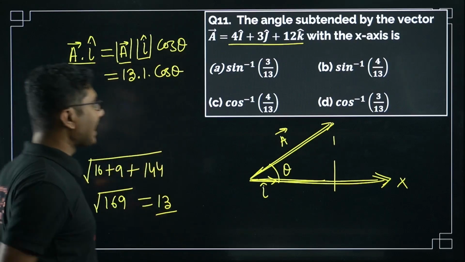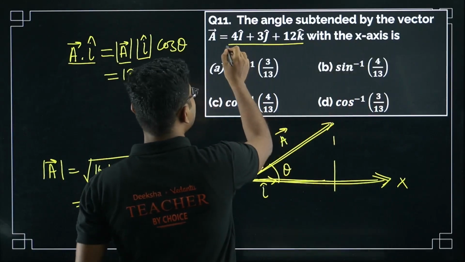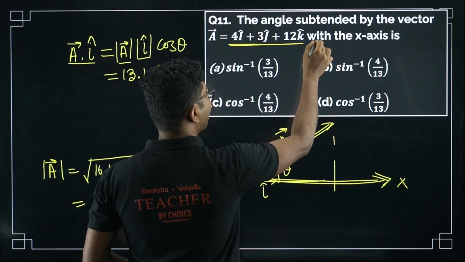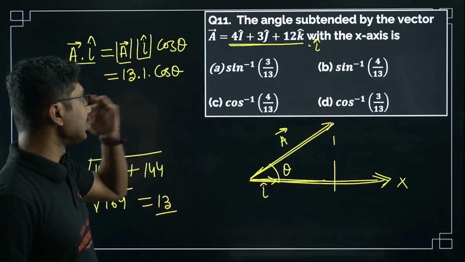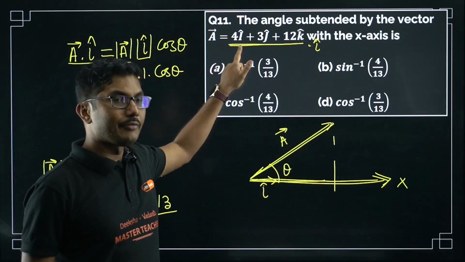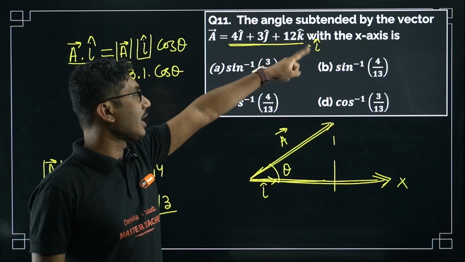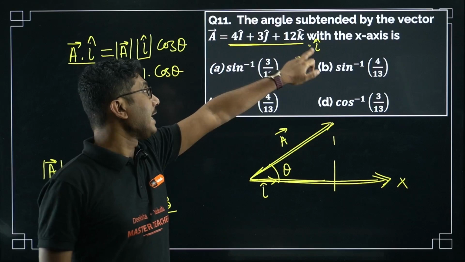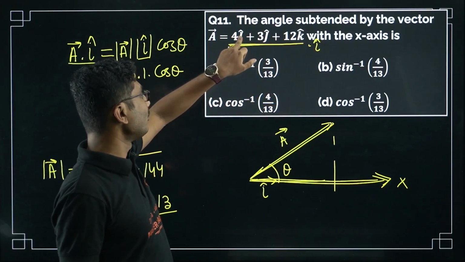Now this side, right hand side is calculated, left hand side we have to calculate. So A dot i cap. We know that whenever we are doing dot product, we only consider the similar terms. So i cap is multiplied only with i cap, other products will be 0. i dot j is 0, i dot k is also 0. So i dot i is only 1, that means 4 into 1.